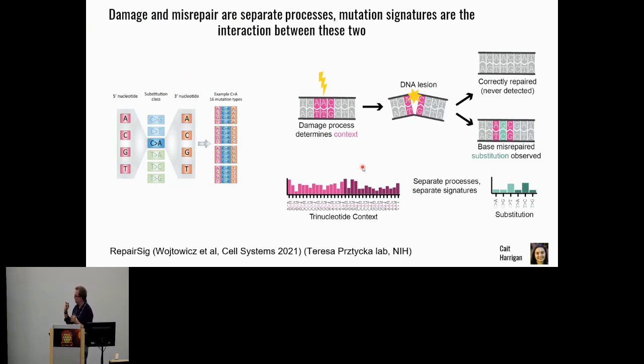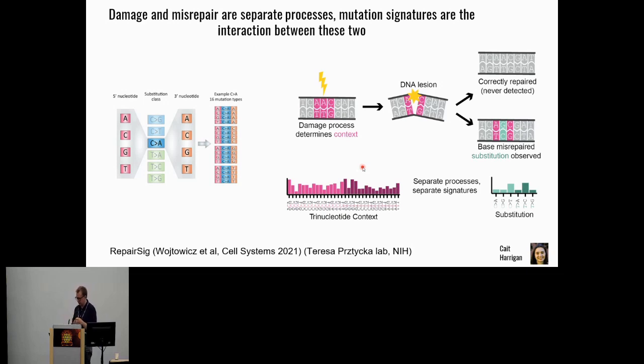Whereas the base that gets repaired is due to whatever repair process affects that damage. There are different repair processes in the cell, and the relationship between damage and repair is not one-to-one. So what these mutation signatures are actually doing is modeling a specific type of interaction between potentially multiple damage processes and multiple misrepair processes.